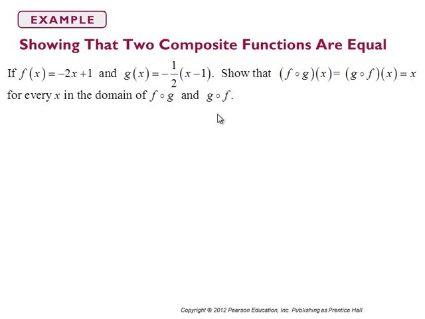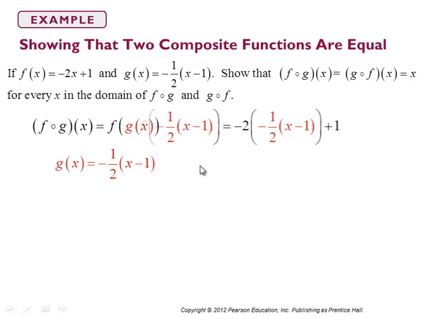And let me just reiterate, this is not generally the case for all pairs of functions, but there are some pairs of functions whose compositions with each other are the same in both directions. So let's go ahead and show that f composed with g of x is the same as g composed with f. Now, when you take f composed with g, well, here's g, and that's going to be the input for f.